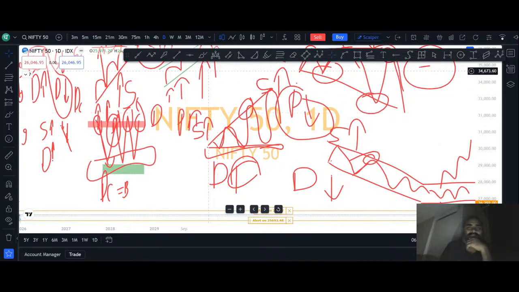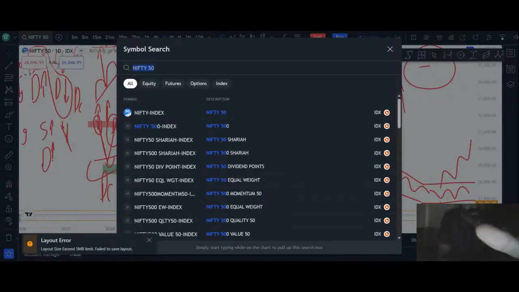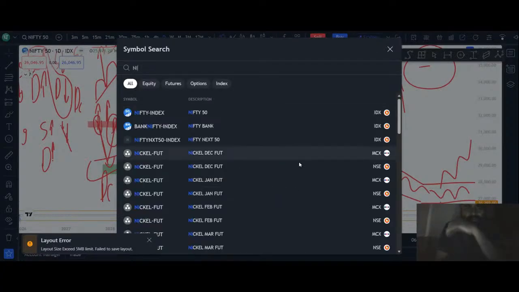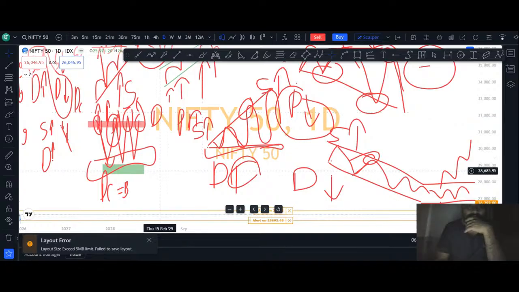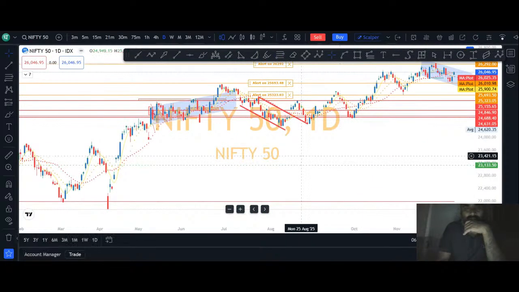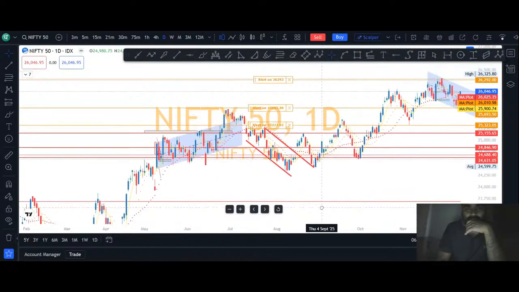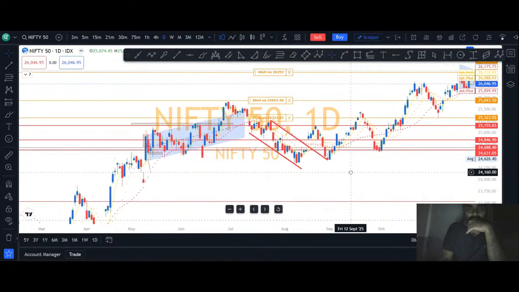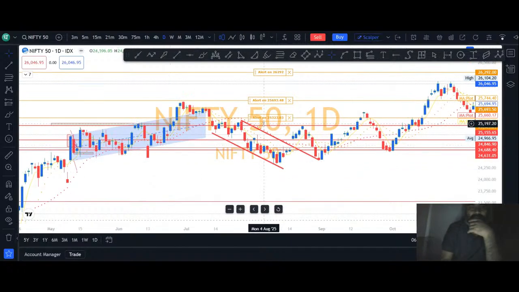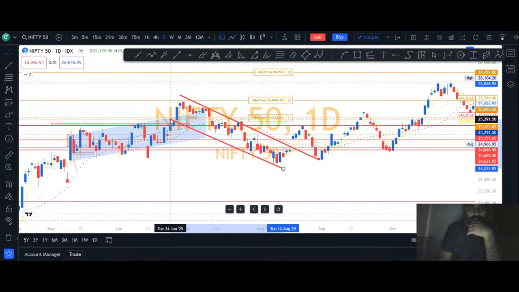I will show some examples here. See, this is an example here in Nifty 50, right?